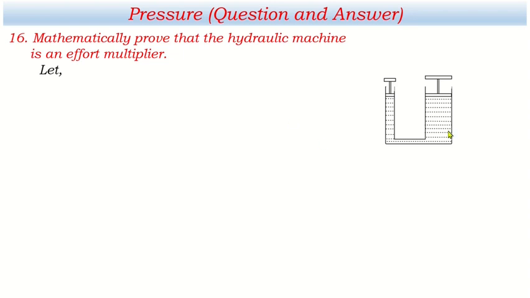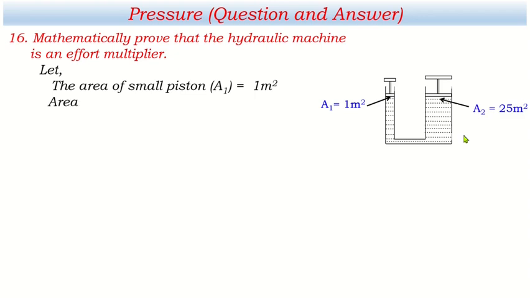Let's say in this diagram, this is the area of the small piston, and we are going to take a value for it. Let's say it is 1 meter square. So I can write that the area of the small piston A1 = 1 m². And the area of this big piston, let's say this is 25 m², we can write area of big piston A2 = 25 m².